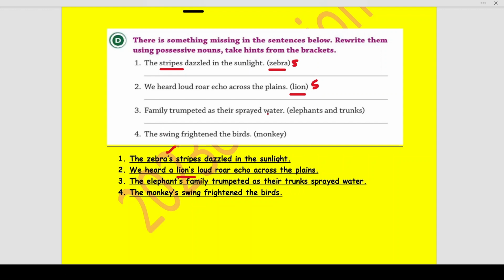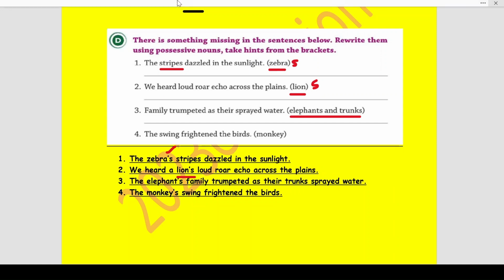Family trumpeted as they sprayed water. Elephants and trunks, these are your main nouns which are given. So the elephants' family. Now see, elephant, the plural form is elephants. It is ending in S. So elephants' family trumpeted as their trunks sprayed water.